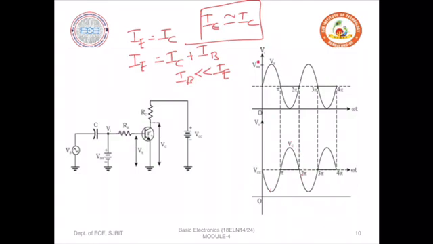This AC voltage across RC is nothing but the output voltage, the collector voltage. This collector voltage is an amplified and inverted version of the AC input voltage.